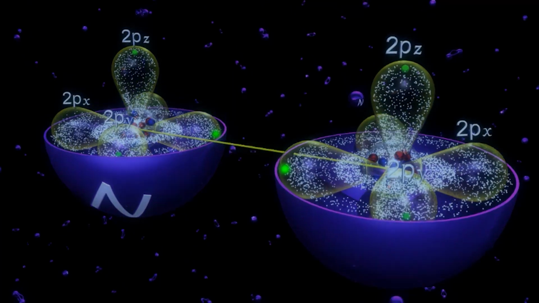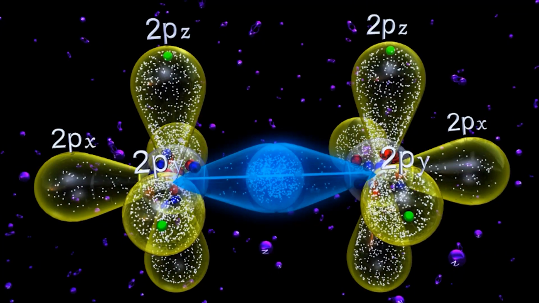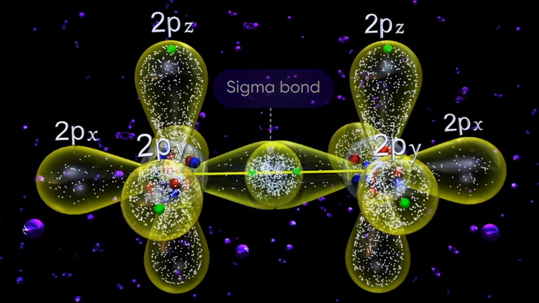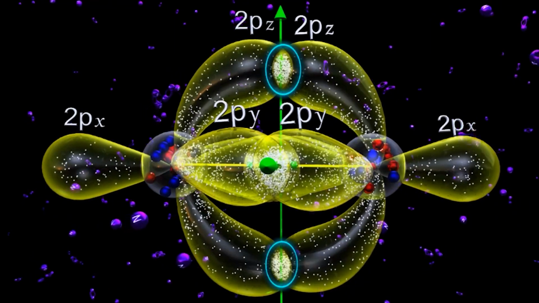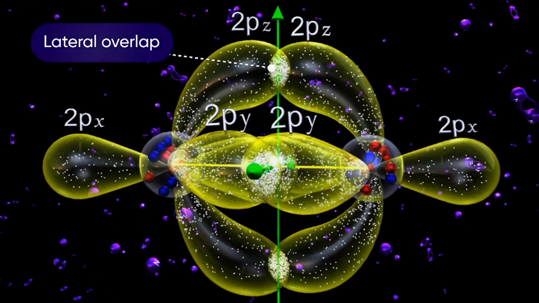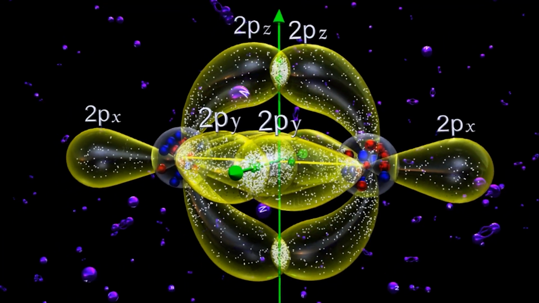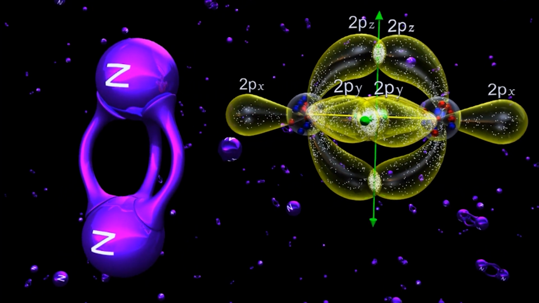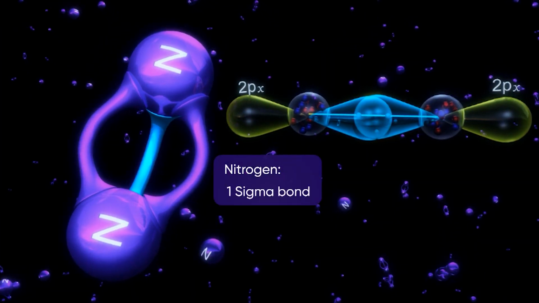Thus, the 2px orbital of each nitrogen atom overlaps axially to form a sigma bond between them. Simultaneously, the 2py and 2pz orbitals undergo lateral overlap between them, forming two pi bonds perpendicular to the internuclear axis. Thus, the triple bond between the two nitrogen atoms is made up of one sigma and two pi bonds.